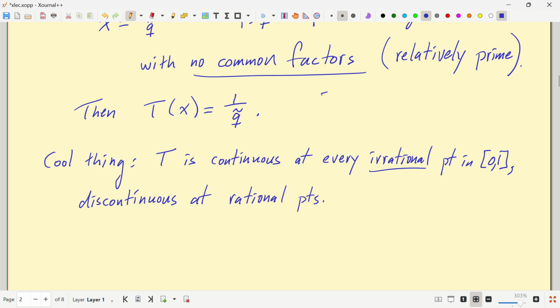I should have mentioned here, let t of 0 equal 1 and t of 1 equal 1, because then those are 1 over 1. Yeah, I guess that makes sense. 1 over 1 is the way to think about those. That's a neat thing to think about.